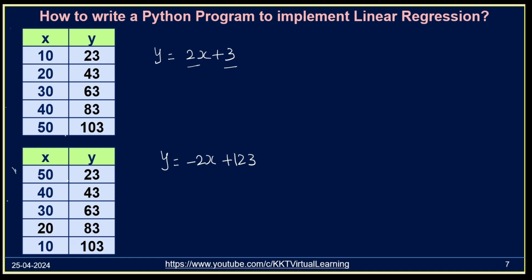So if you put the first x value, minus 2 into 50, that is minus 100, then plus 123, we are getting 23. Similarly, if the x value is 40, 40 into 2 is minus 80 plus 123, 43. So by just observing the data, it will be very difficult to write this relationship.